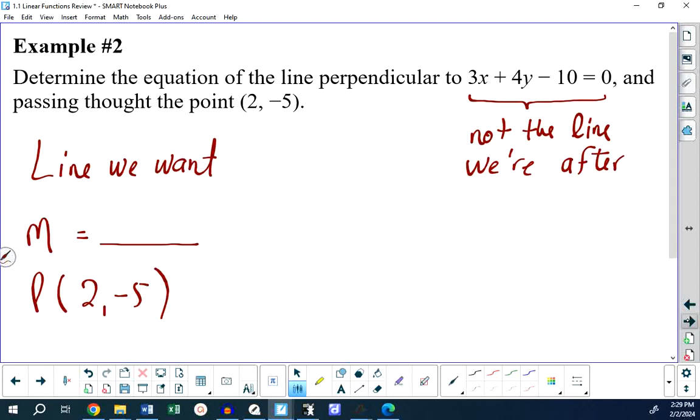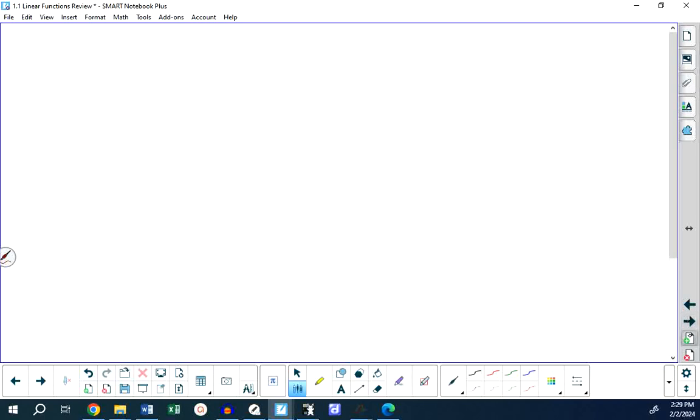And we know the relationship between slopes that are perpendicular. If you have L1 perpendicular to L2, and the slopes are negative reciprocals of each other, then that means the slope of L1 multiplied by the slope of L2 has to be equal to -1.